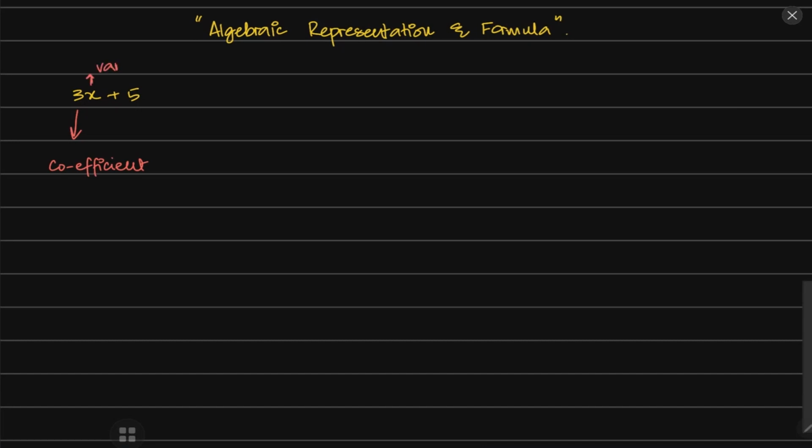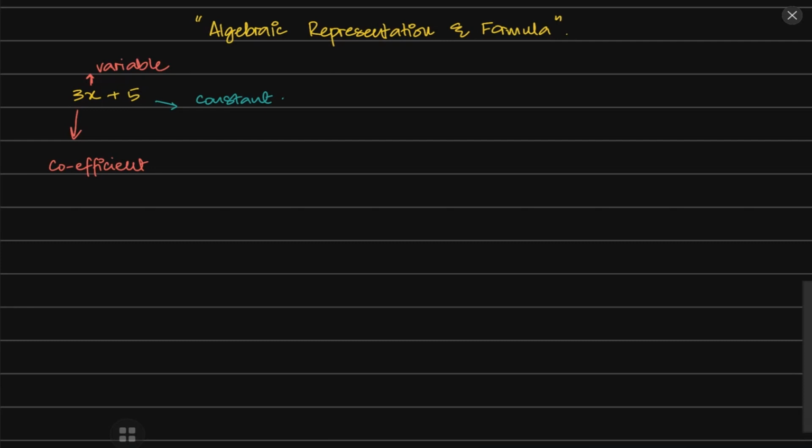This x right here is a variable. Why do we call this a variable? Because it doesn't have a fixed value. The value of this can change at any time. On the other hand, we're left with 5. This is called a constant. Why is it called a constant? Because it's a constant number and the value is fixed. It does not change.